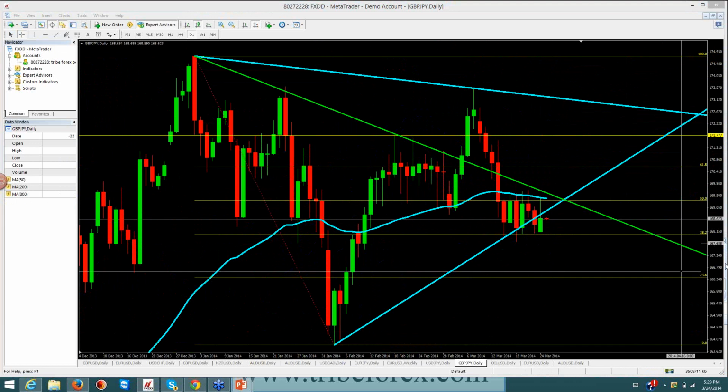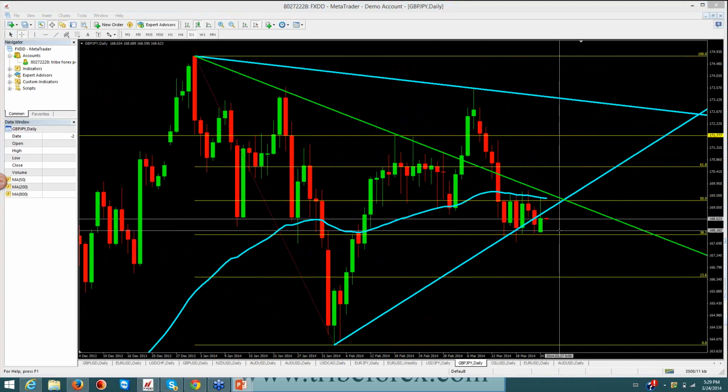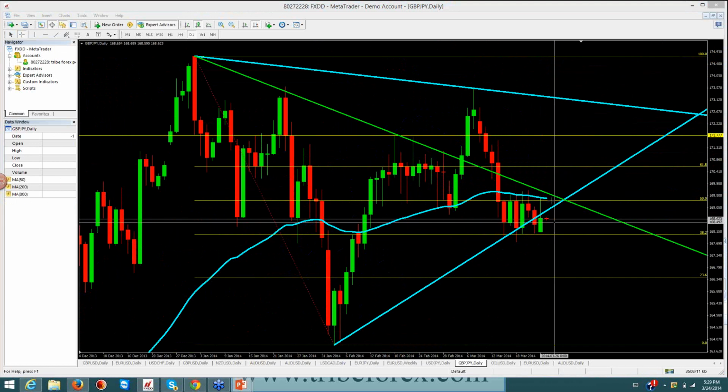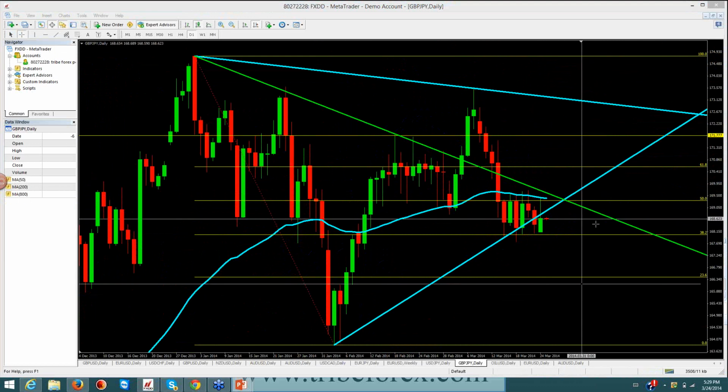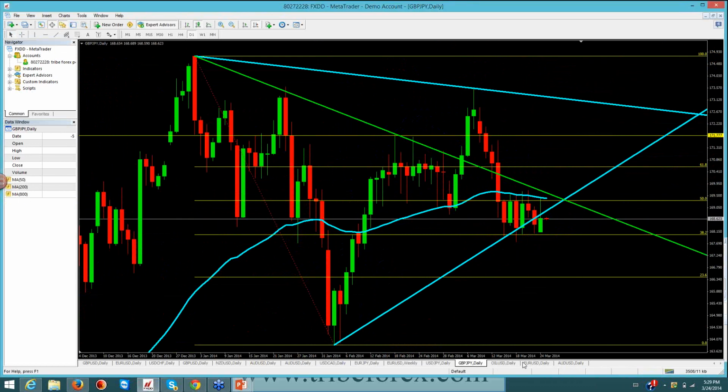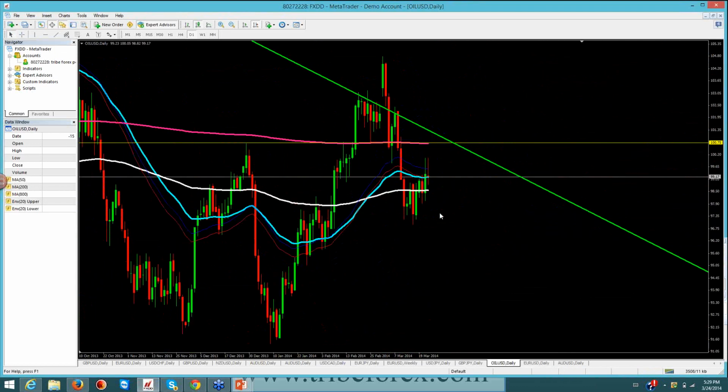So let me just move this down a little bit so I can see it. 168.18 in that vicinity. So that's where we are. We're right in the middle of that range. We can actually possibly see a bounce of 168.90 as well. So that's what we're looking for. Look for price action in those areas. Those are your points of decision that you'll want to pay attention to, and see some market movement. But we are in consolidation on these pairs, so you want to play it that way.